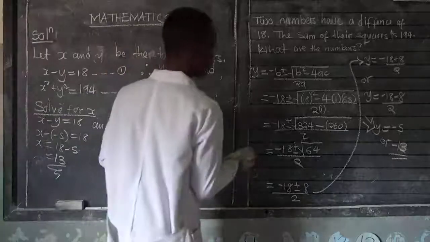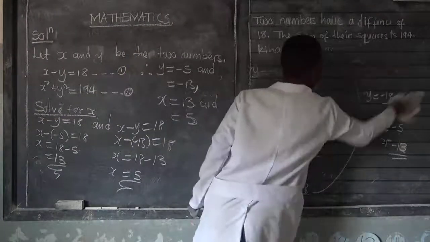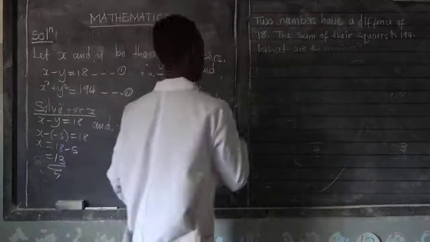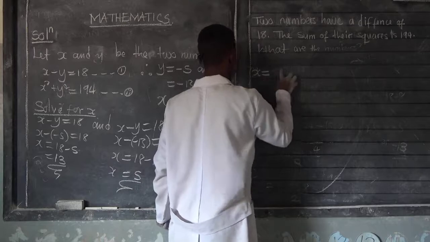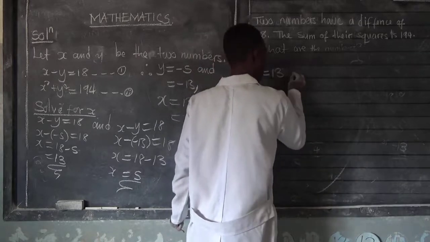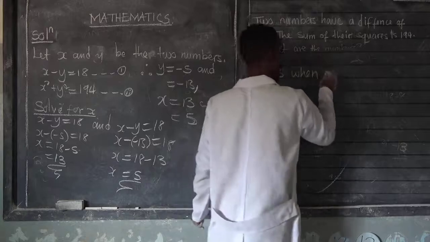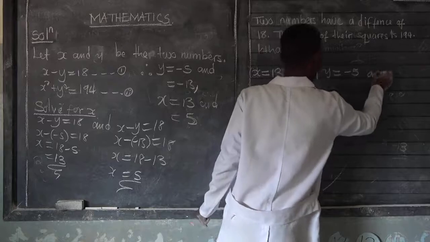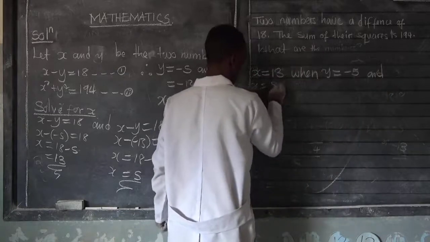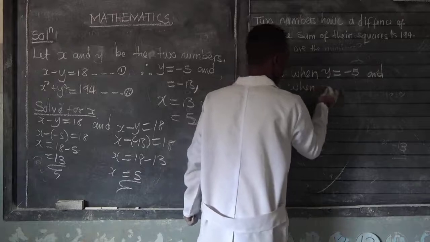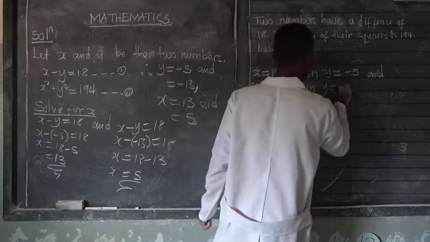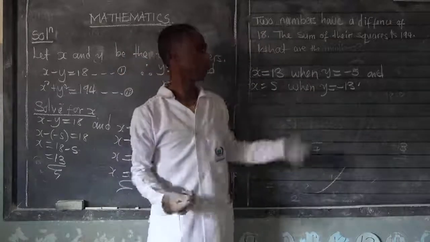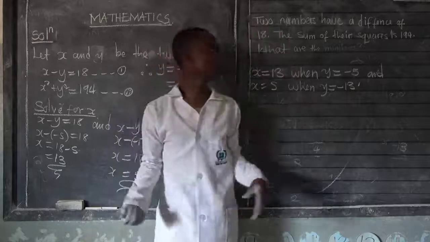In conclusion, these are the two cases where we have this behavior, where we have two numbers and we subtract them.